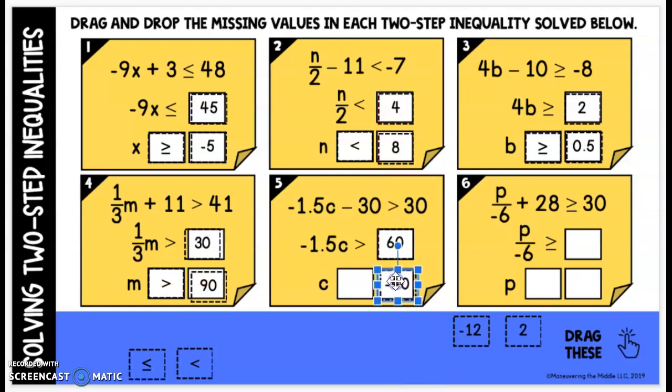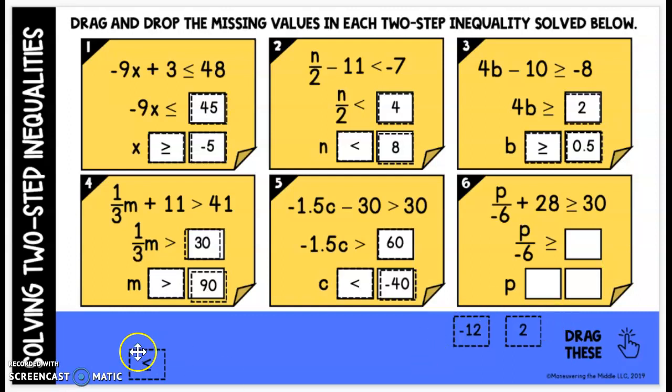So it's 60 divided by negative 1.5. Now, because my variable is being multiplied by a negative number, I have to flip this sign right here. Okay, so c is less than negative 40.